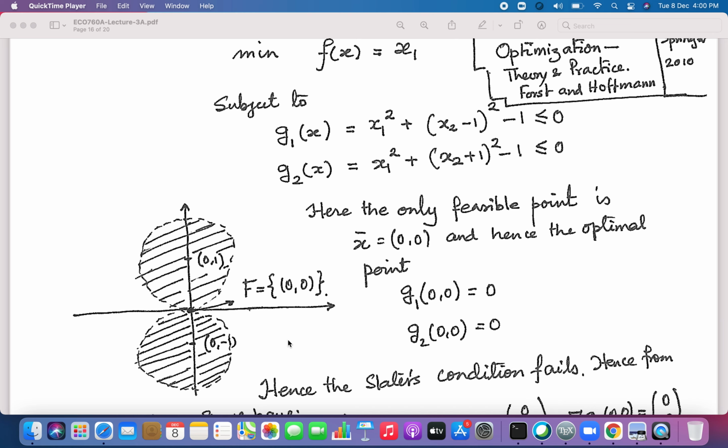The point where these two sets intersect gives the feasible set, and they intersect at the point (0, 0). So the feasible set contains only one point, and that is the optimal value, which is 0 here.